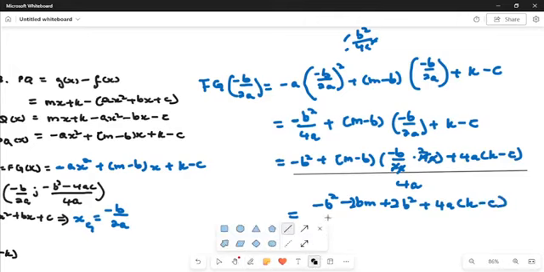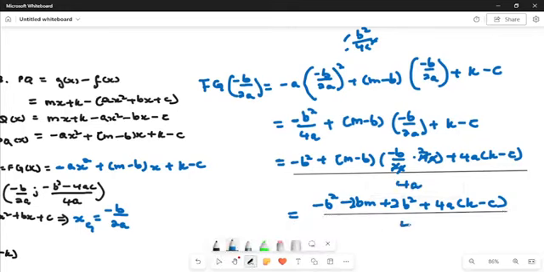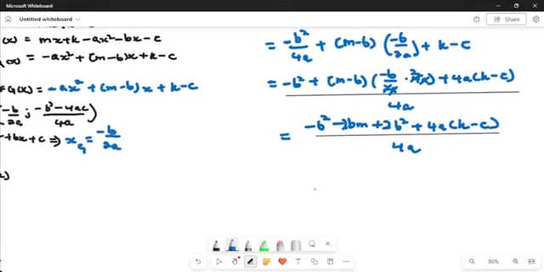All of that still divided by 4a. So our like terms, we've got 2b squared, so minus 1 plus 2. I'll just have b squared, and then minus 2bm plus 4a into k minus c. All of that divided by 4a.